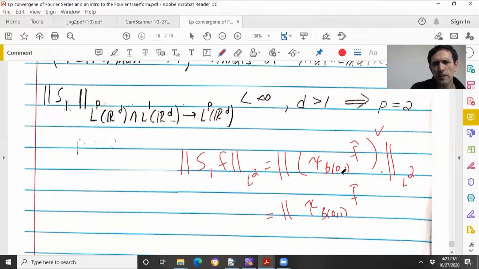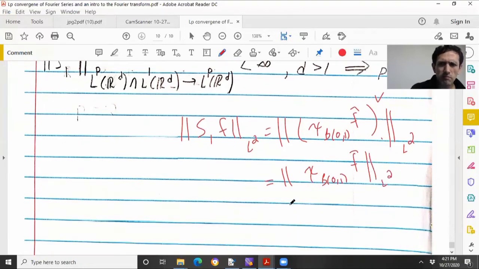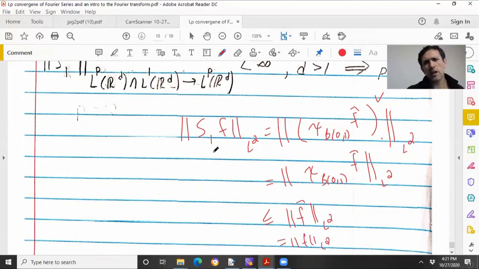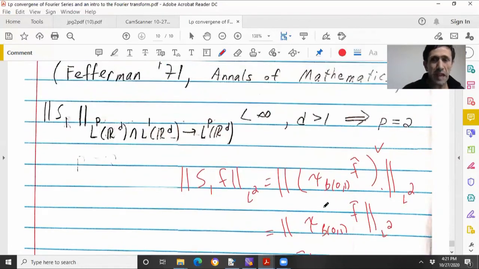This is true for any characteristic function, really, when we're dealing with L^2. Thanks to the isometry property, this is less than or equal to the L^2 norm of f. So actually, this operator norm is bounded by 1 on L^2. And hence, I guess really it should be if and only if.